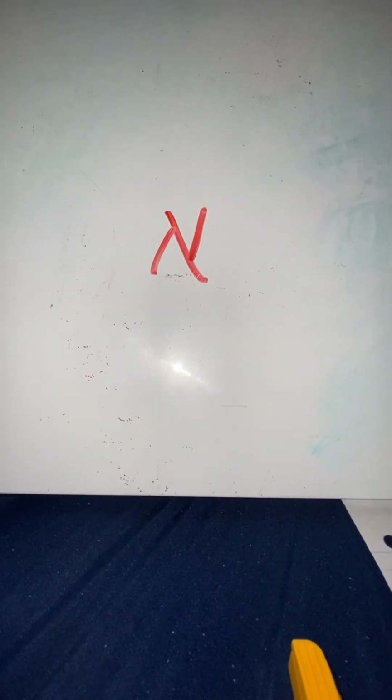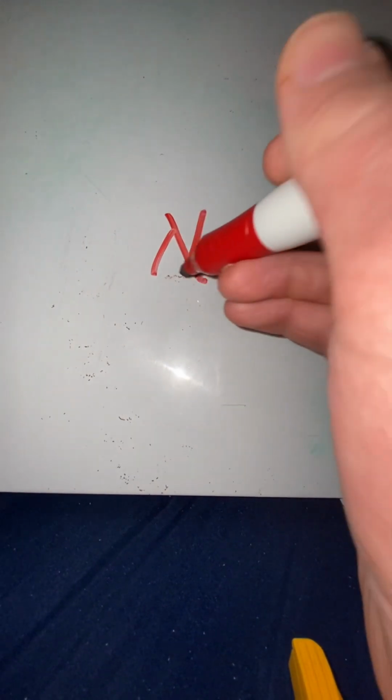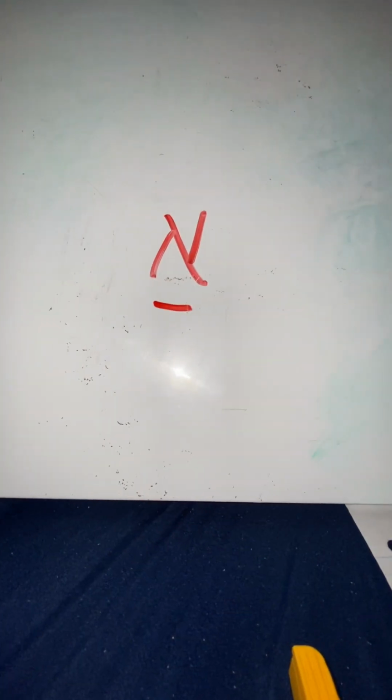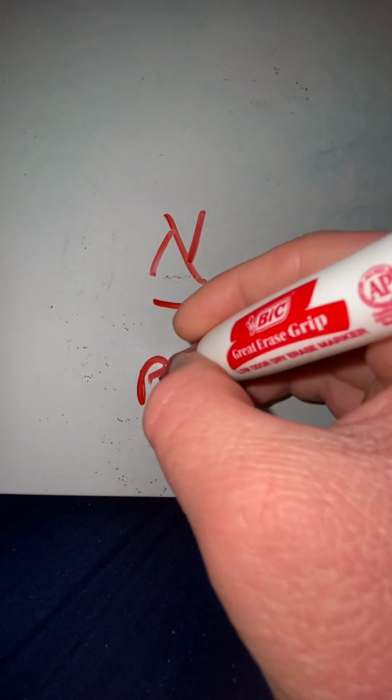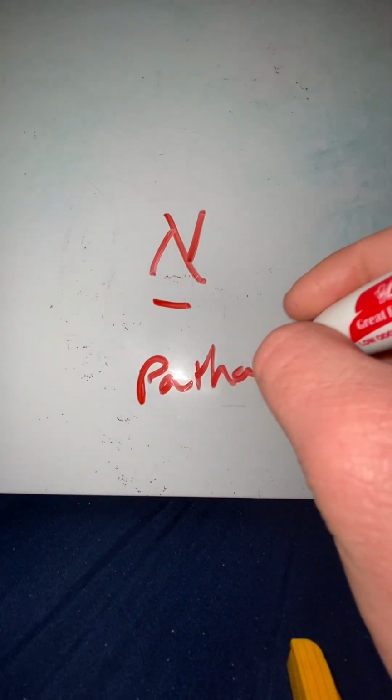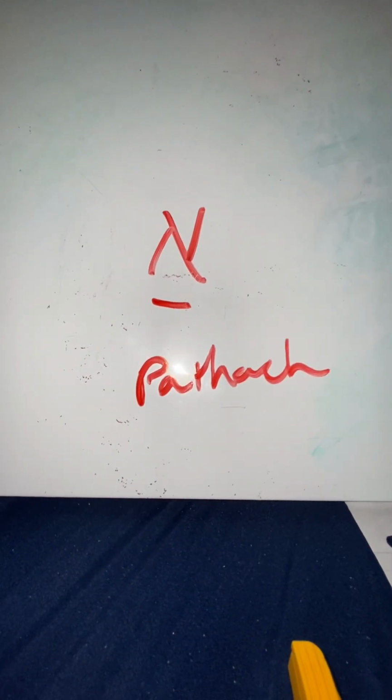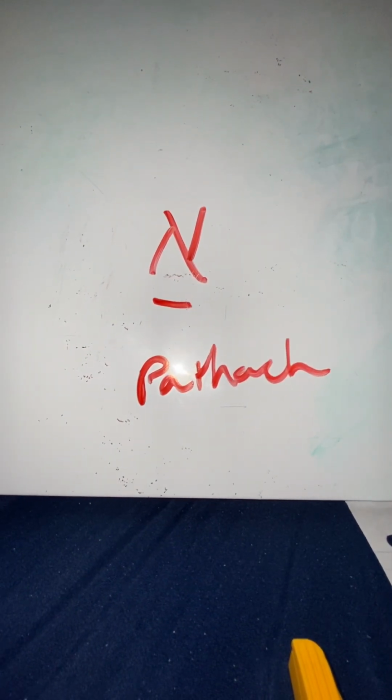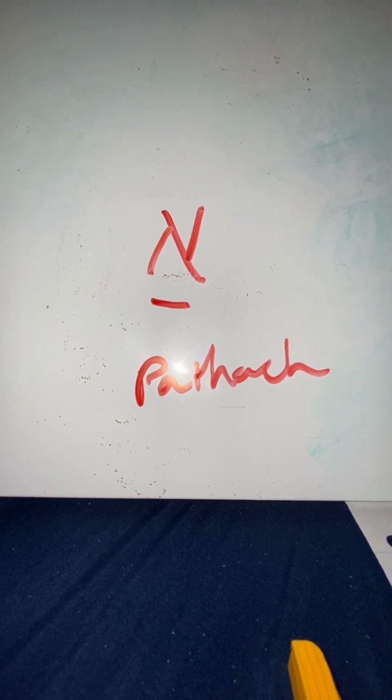Next we come to another ah sounding vowel. Pathic. Okay, Pathic. And it also makes the ah sound. And this is where it gets into there being more than one vowel that makes one sound.